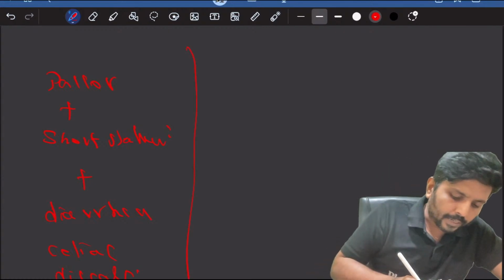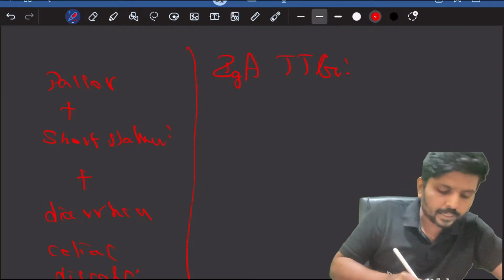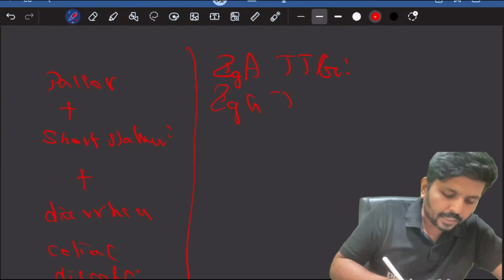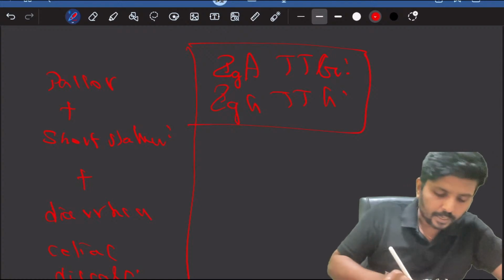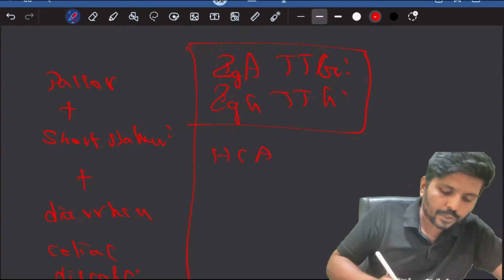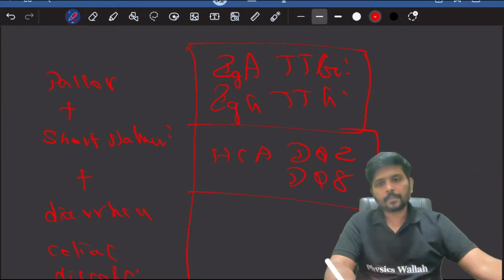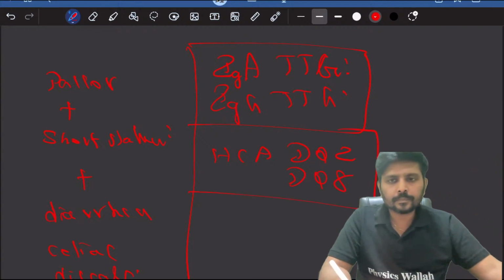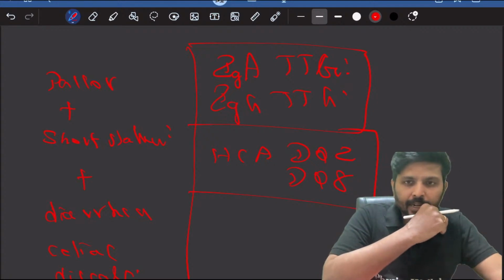Second point, the investigation of choice is IgA transglutaminase, tTG, IgA transglutaminase or IgG transglutaminase. Serology is the investigation of choice. It occurs exclusively in HLA DQ2 and HLA DQ8 persons.